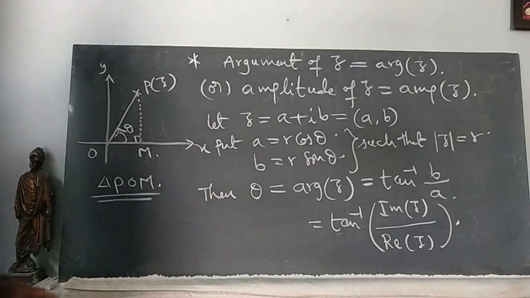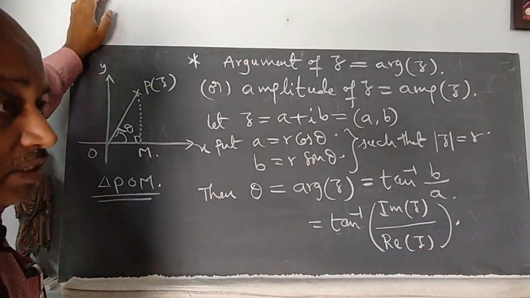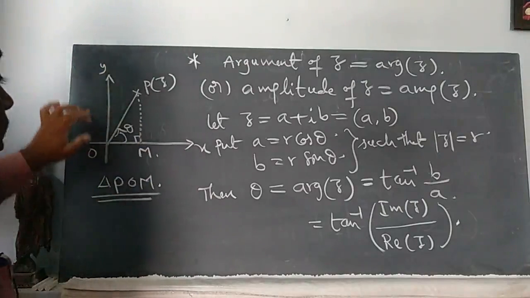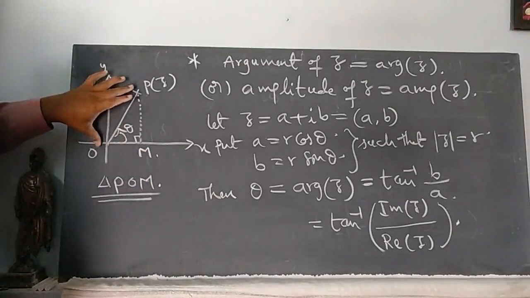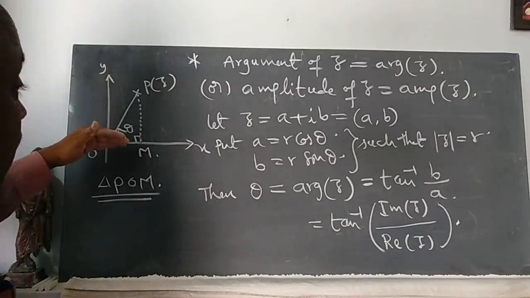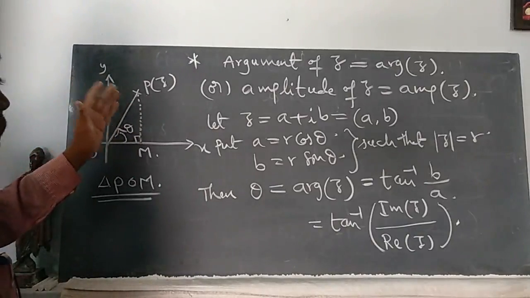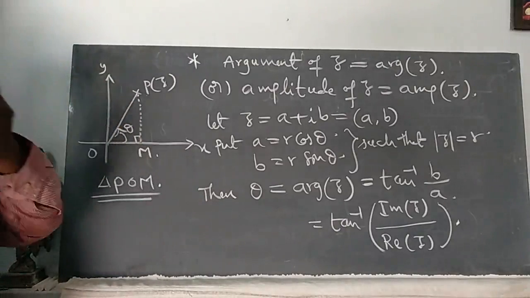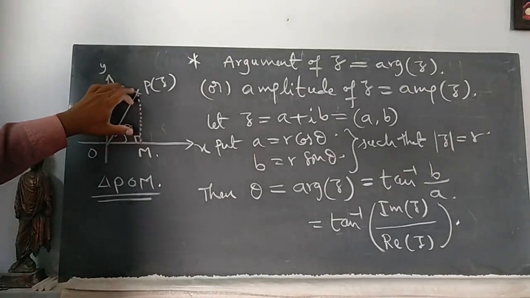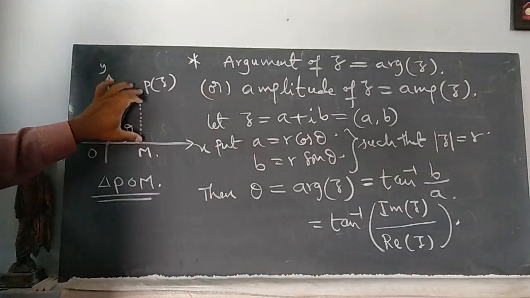Once again, every complex number is always a unique point in the complex plane or XOY plane. Joining OP, OP is making an angle theta with the x-axis in the positive direction. Draw a perpendicular from P on the x-axis, which is PM.